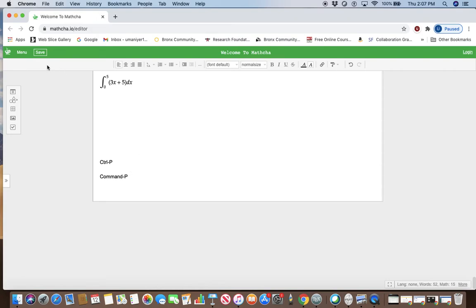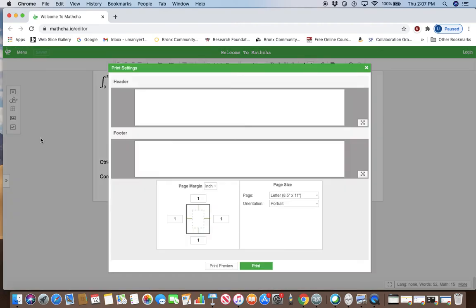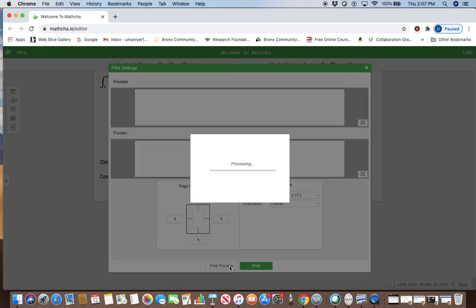That's Command P for my computer. I'm working with a Mac, but you might need to use Control P to see a print option. I go to the print option, right? Print preview.